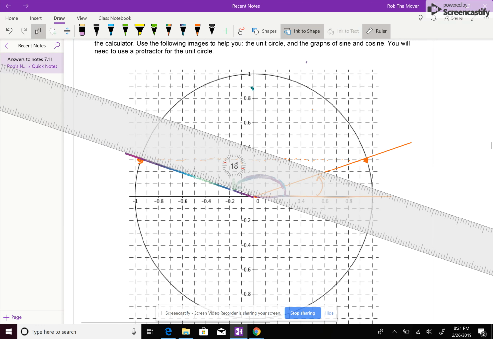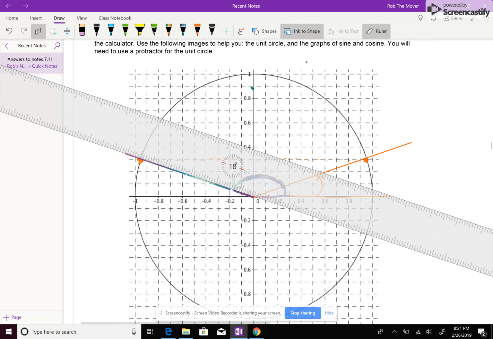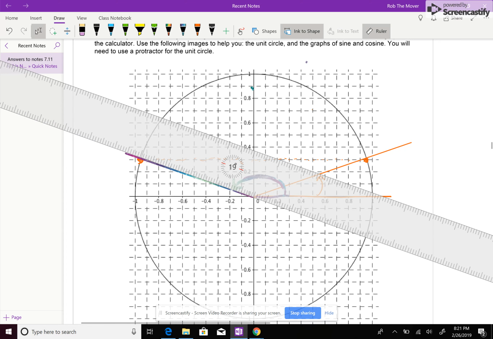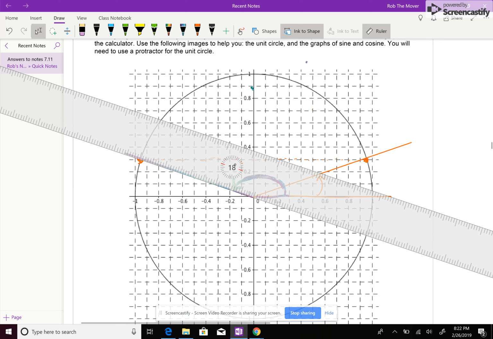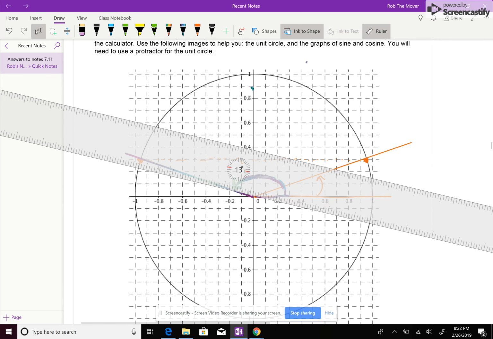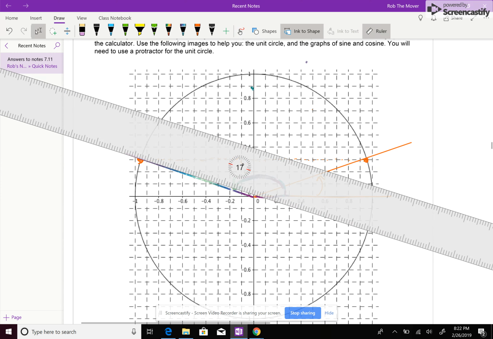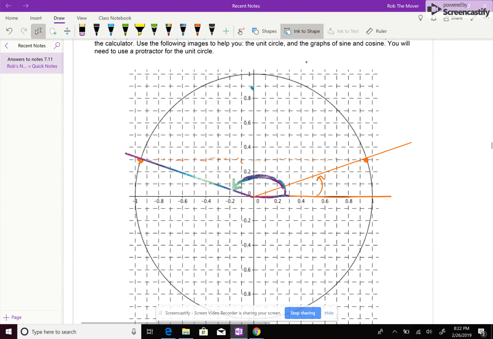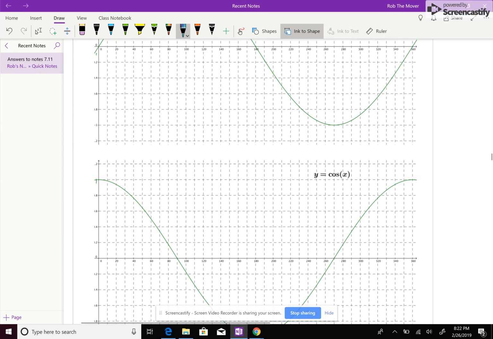Now this protractor measures from the horizontal, and it's also 18 degrees, right? But it's 18 from here up this way, so it's 180 minus 18. So we're going to hide this ruler. We've got 18 degrees, and we've got 180 minus 18, which is going to be 162. Okay, those two angles have a sine of 0.3. Okay, so let's go over here.